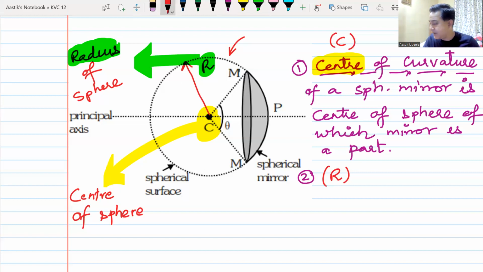I hope that you are able to understand what we are writing, and that the diagram is quite clear. You can see it on the big screen. Once you are done, let me know so that I can move on to the next definition.